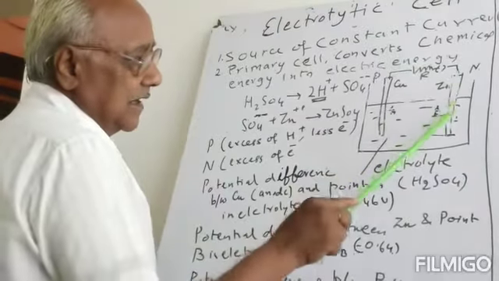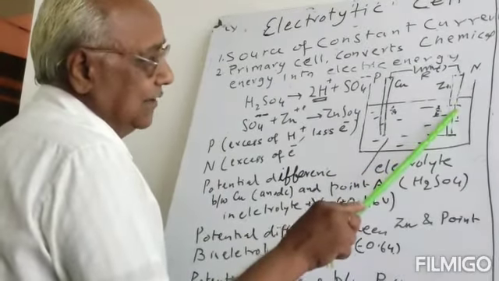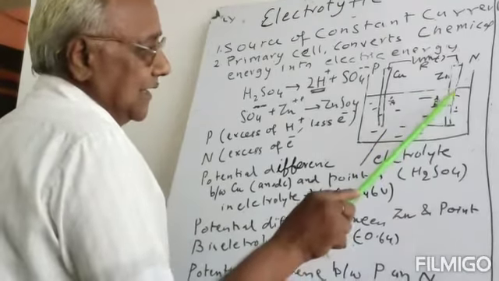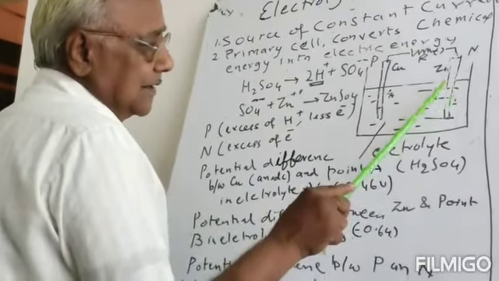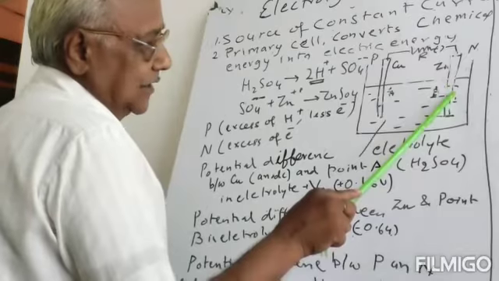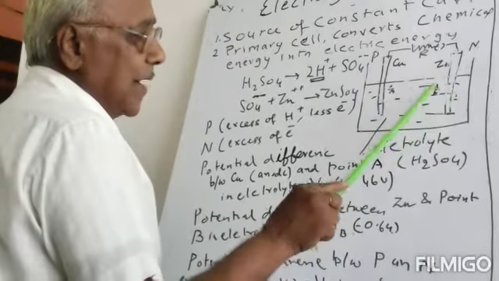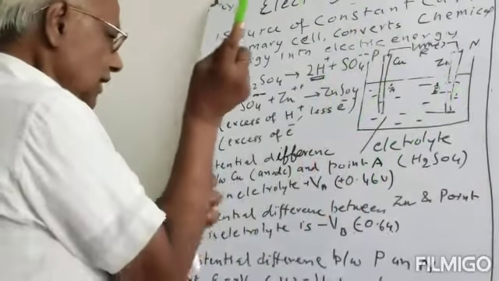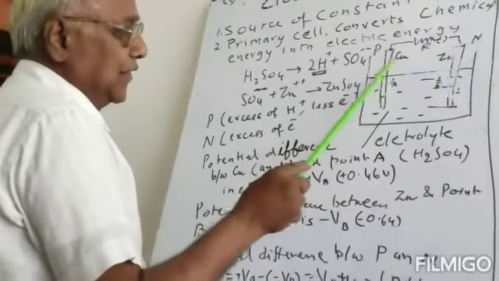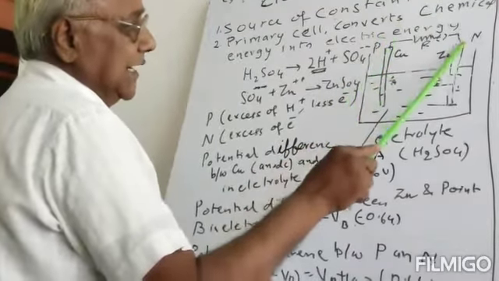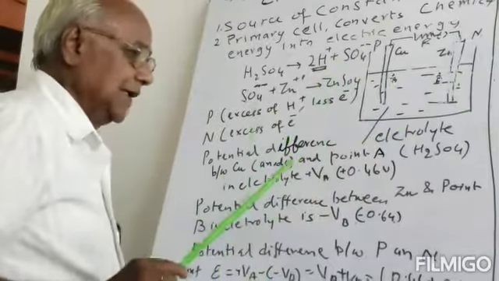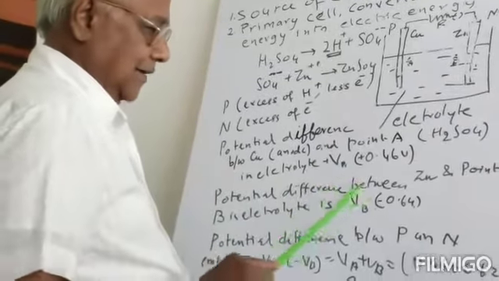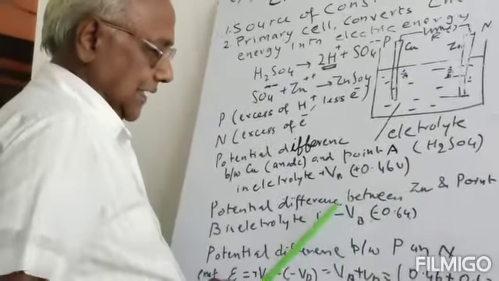Similarly, at the negative electrode, we consider a point B, and the potential difference between the zinc electrode and B point is minus V. So the potential difference between P and N, or anode and cathode, will be equal to VA, which is positive, and VB, which is negative, with the negative sign.